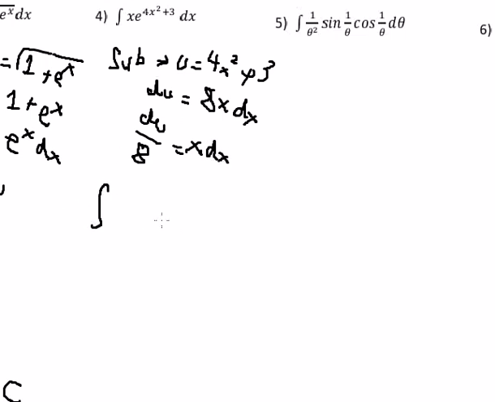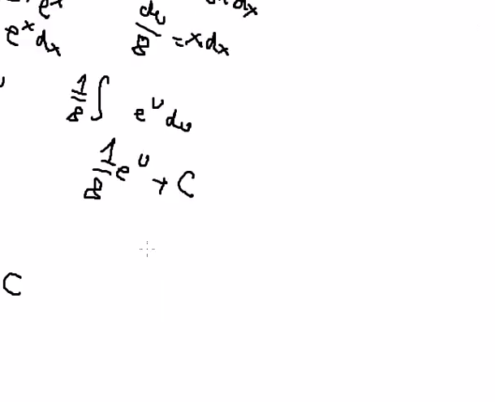About this one, you get e to the power of u. x dx we change for du over 8. So we get 1 over 8 e to the power of u plus c. About u, it is this one.